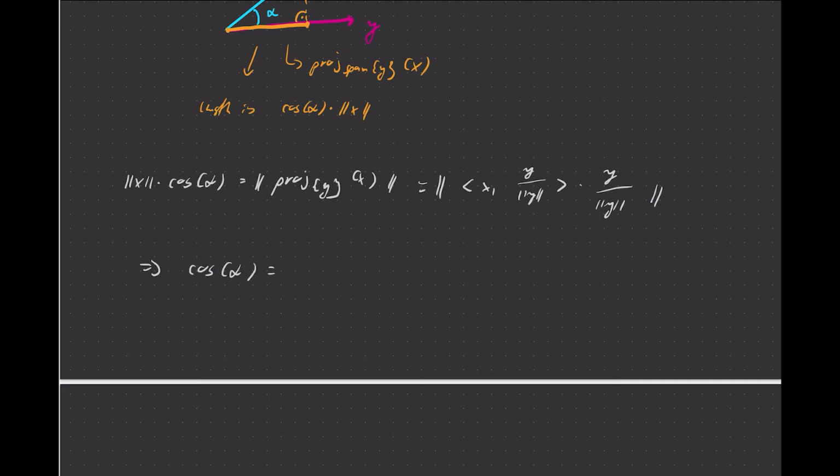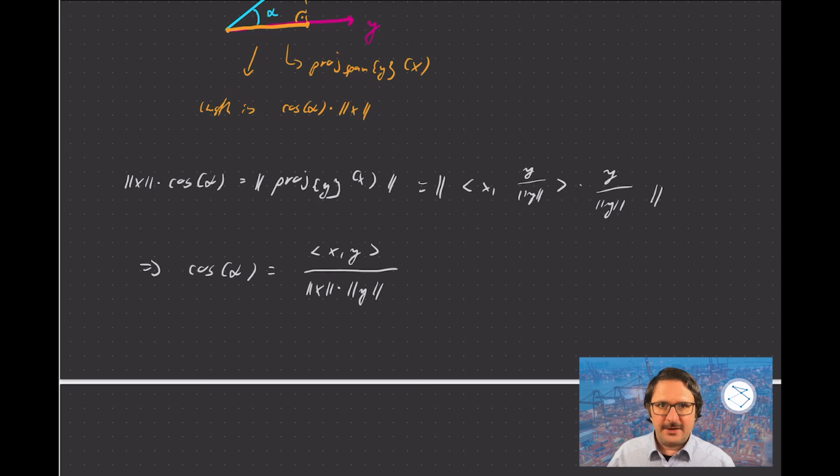And what we get is then the scalar product of x and y divided by the norms of x and y. And more precisely, of course, this first formula here only holds for the positive orthant, so where the x1 and x2 are positive. Or in other words, for angles alpha that are between 0 and pi over 2. And we'd have to have an absolute value here for that to be true.